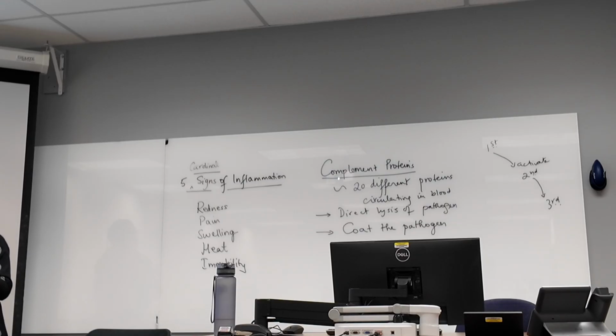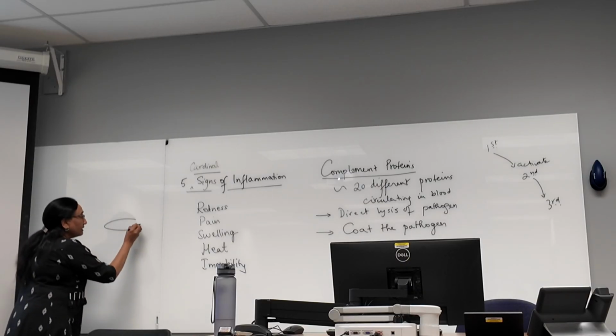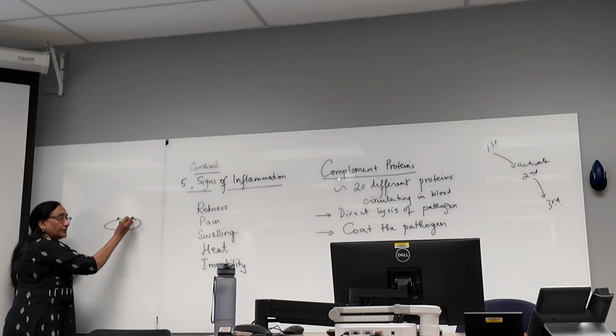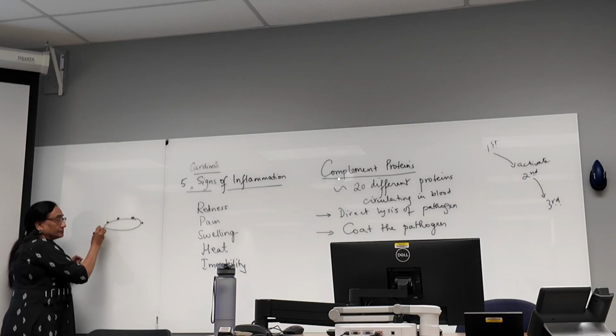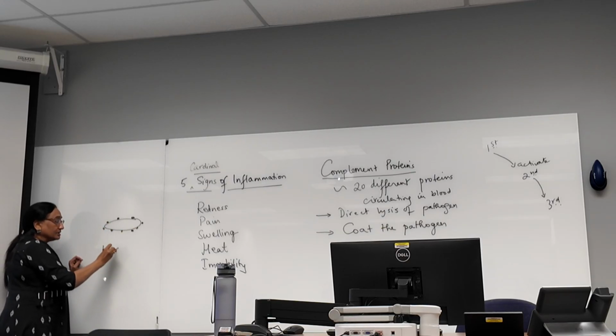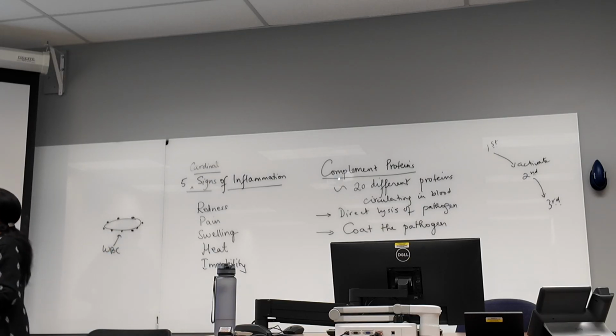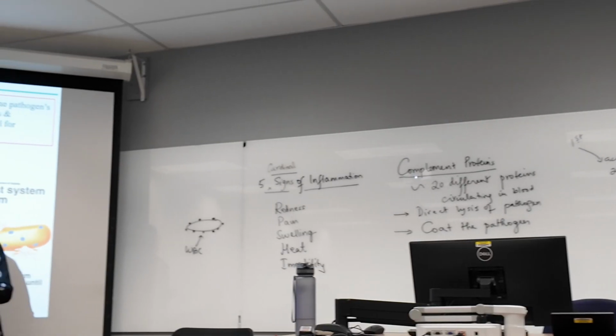So they function as a helper. If you have a pathogen, the complement proteins can come and tag the pathogen like that, so now the white blood cell will know which cell needs to be destroyed. So they can tag them.